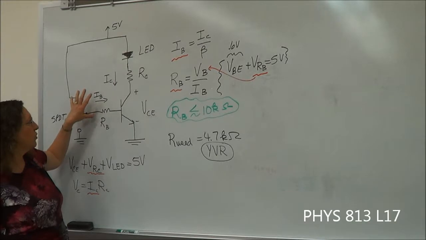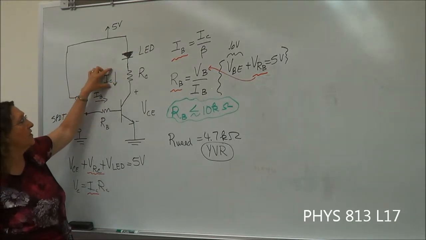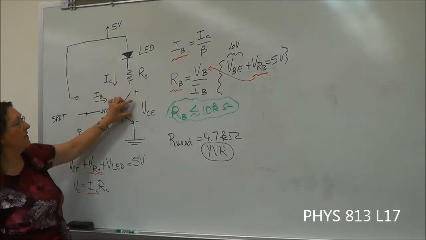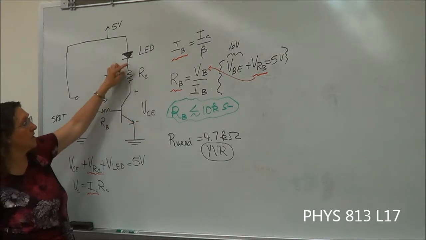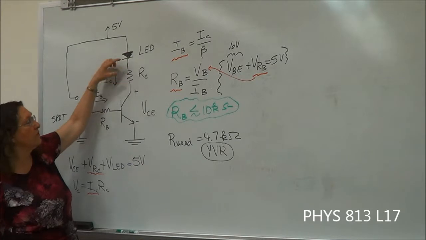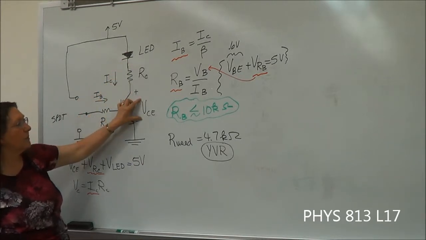Now, if you revise these things so that this current is very small, then this voltage is going to be bigger, because the combination of these two voltages has to be around 3 volts. So if you have a small current, you'll have a small voltage here, and this will be bigger.